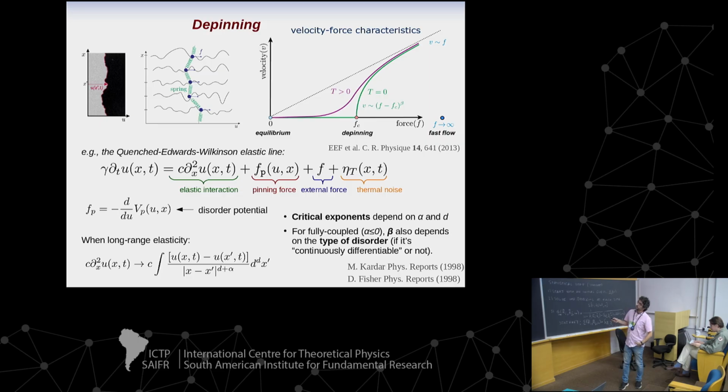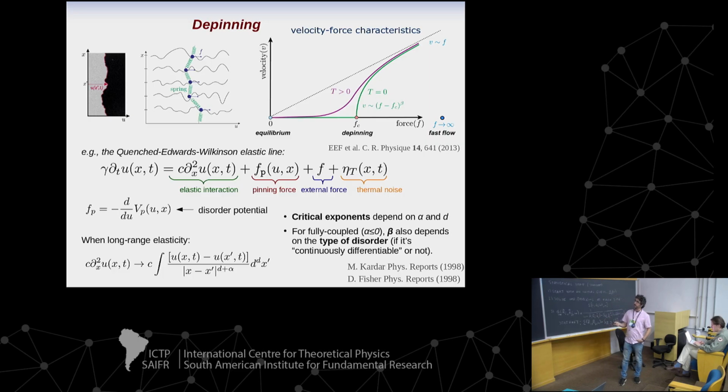What I want to tell you here is that, well, typically we have these short-range interactions for the elasticity, just springs between the neighbors. But in the case of long-range elasticity, which is also the case of, for example, the partial wetting line or the crack propagation, we have to replace this by some force that has a long range. And we typically write it like 1 over the distance to the d plus alpha, and this alpha, you change it, and you go through different levels of long range.